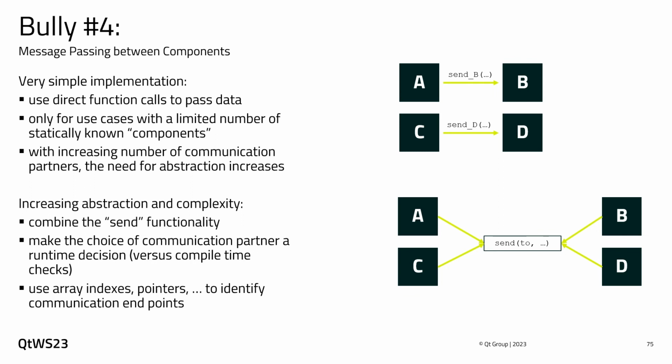So you could use array indices. If it's not only two components on each side, but a whole list of them, then the more you make it dynamic, the more interesting it will be to decide what really happens at runtime. So there's always a choice between the complexity in the architecture and the complexity in the analysis.